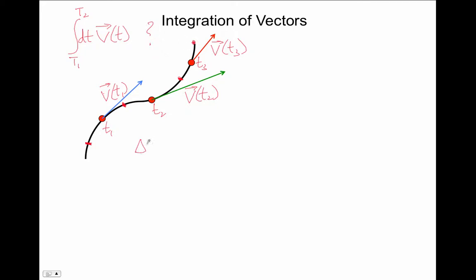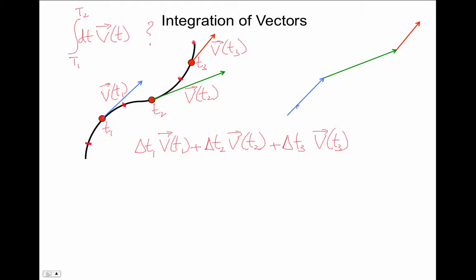So now let's add up delta t1 v of t1 plus delta t2 v of t2 plus delta t3 v of t3. We can make a diagram of this. Here is the vector v of t1, and let's multiply this by delta t1.